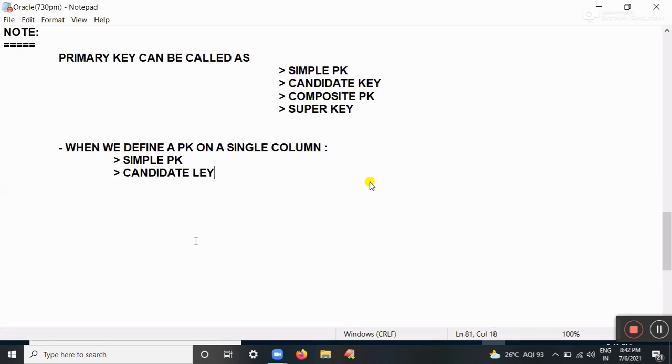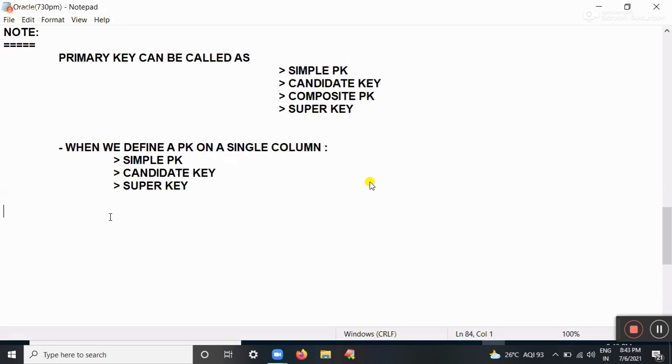Understanding now, guys? When a primary key is applied on a single column, it is called a simple primary key, candidate, or super key. But when you define a primary key on multiple columns, then it is called a composite or super key. So this is the final conclusion on candidate as well as super key.